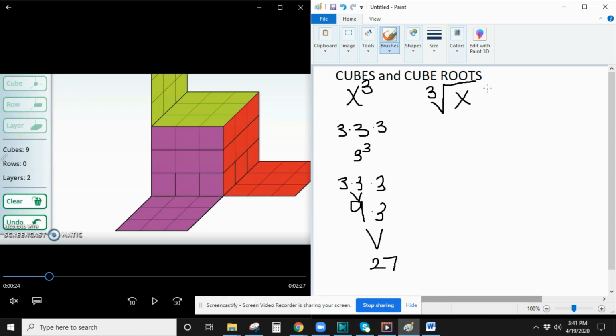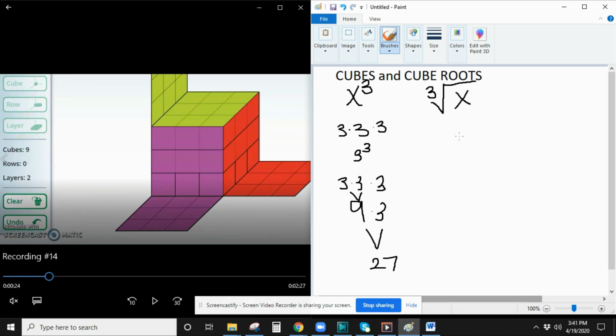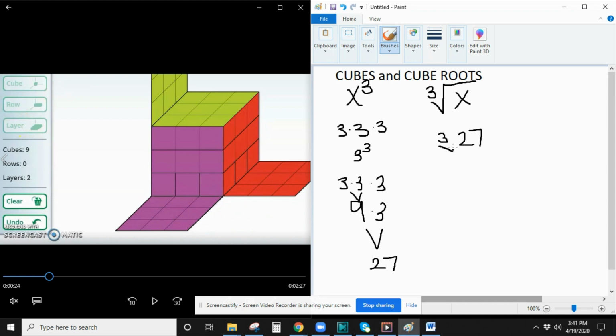Now, when we are looking for cube roots, what is happening is we are saying if I'm given the volume, which means if I have 27 cubes in there, what is the length, the width, and the height? We're looking for the cube root. We want to know what times what times what, or length times width times height, equals 27, which we know is 3 times 3 times 3.